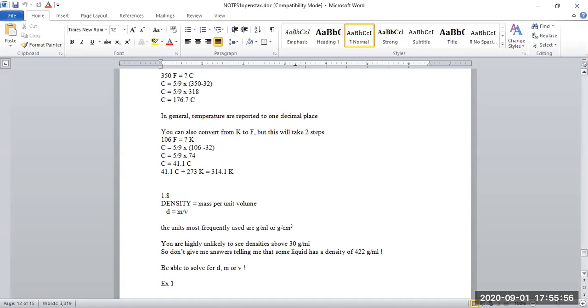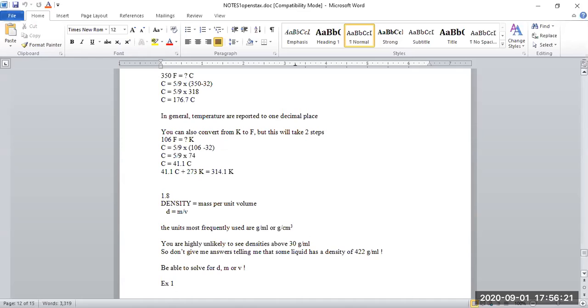So this one, I did my 106. I subtracted 32. That gave me 74. I multiplied by 5/9. I get 41.1 Celsius. Then add your 273. So ultimately, you get 314.1 Kelvin.